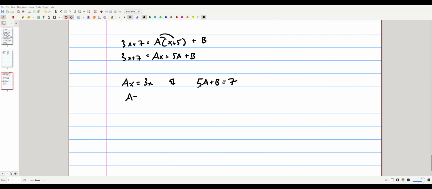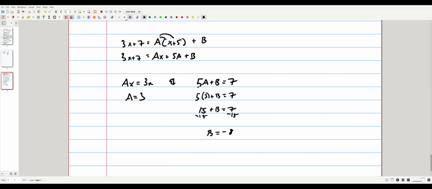Well, this tells us a is equal to 3, straight off the bat. If a is equal to 3, we replace this a with 3. So 5 times 3 plus b is equal to 7. That's 15 plus b is equal to 7. We subtract 15 from both sides, and that tells us b is equal to negative 8.